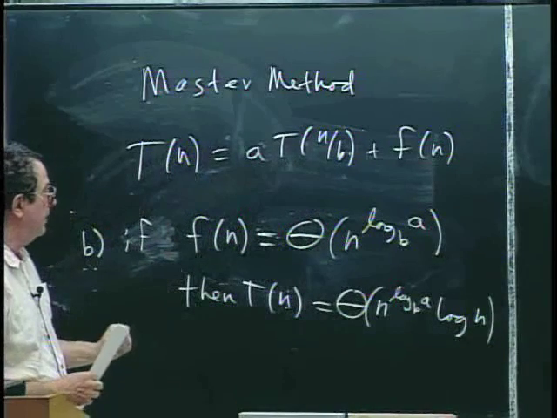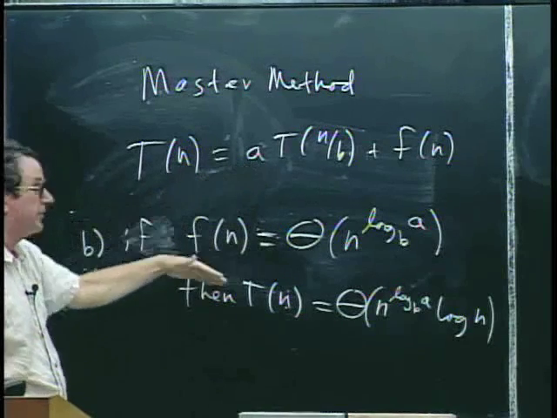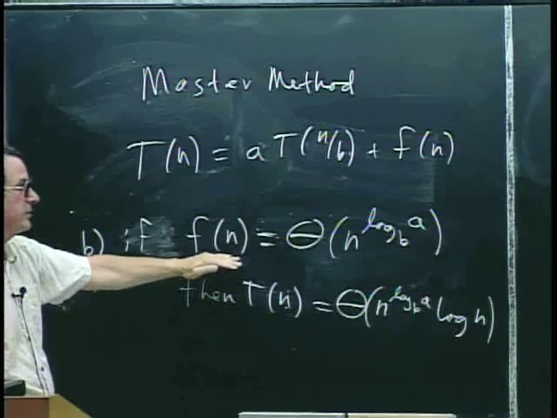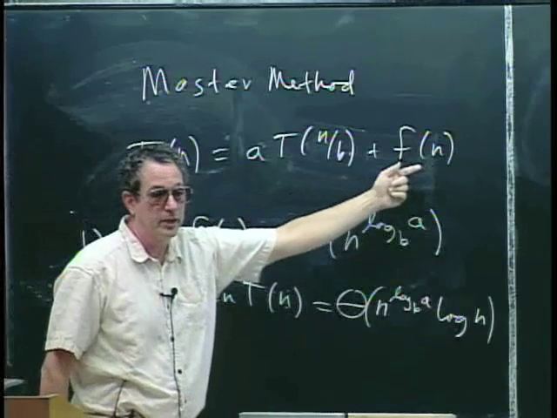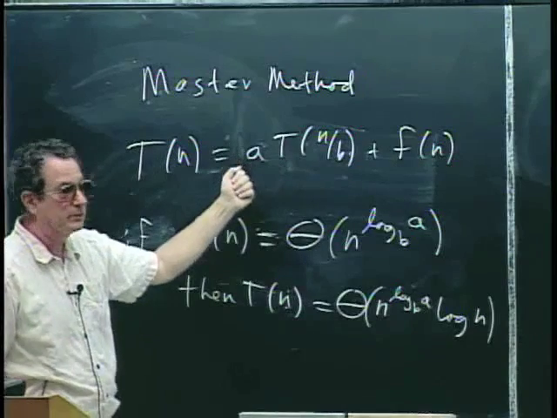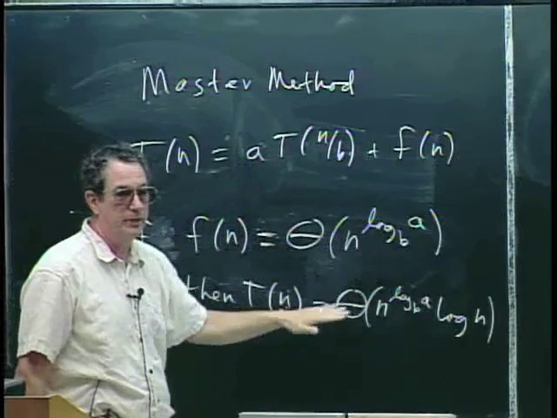Okay. So there are 3 rules in the master method, and they all depend on what f of n is. So f of n here is just a general function of n, and a and b are constants. But if f of n is theta of n to the log base b of a, then we get this.